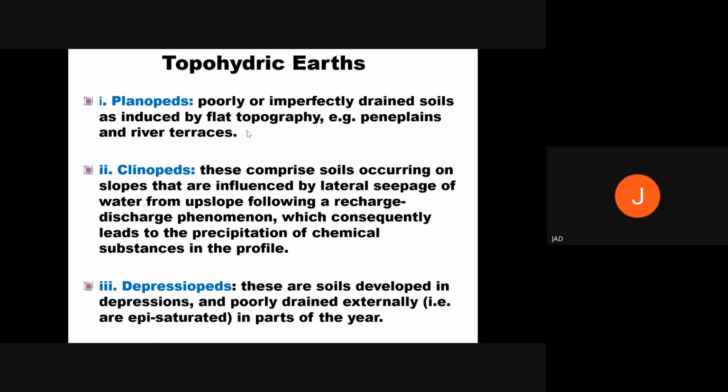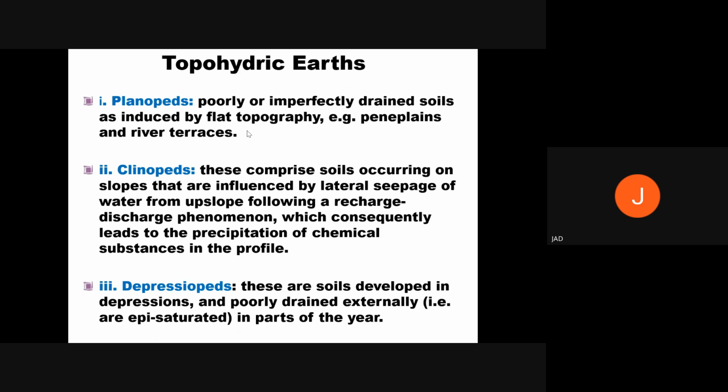So let's look at another. We have the word depressopeds. It tells you that these soils are formed in depressions. These are developed in depressions that are poorly drained, either externally or in parts of the year. So they are what they call episaturated.